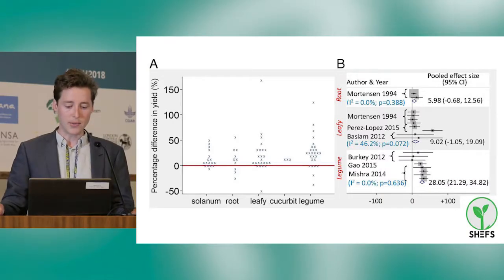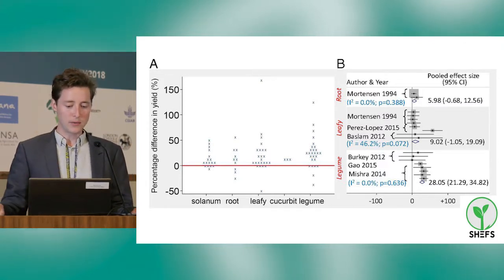There's also now a recognition, I guess, that we need to draw together all these disparate sources of modeled data and also primary field level or greenhouse type experiments. And there's just about enough evidence to do this now. This is an example here of a systematic review conducted by my colleagues at LSHTM through the CHEFS project.